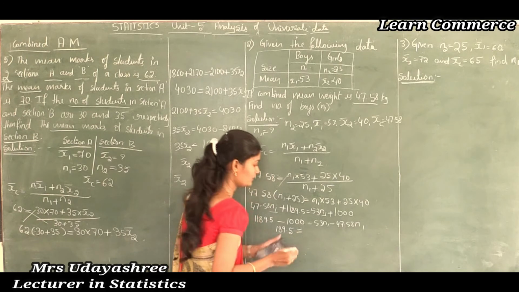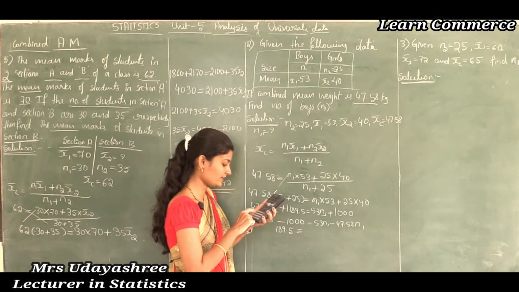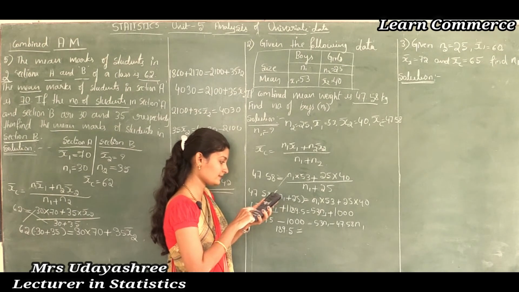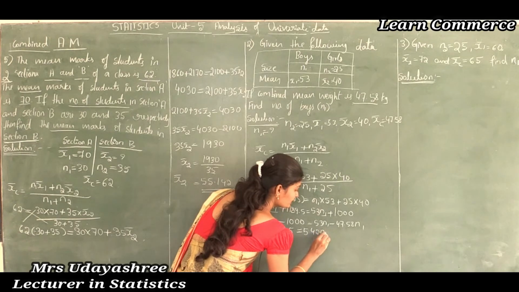Which is equal to 53 N1 minus 47.58 N1, that is 5.42 N1.